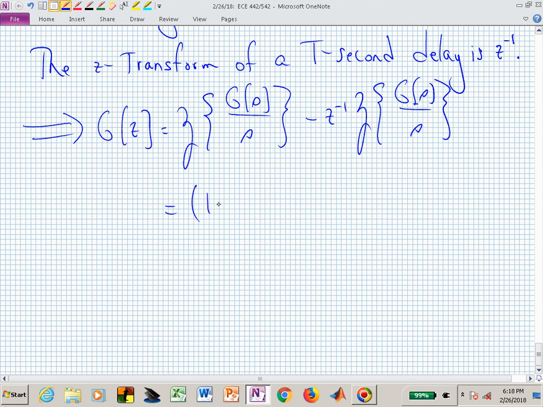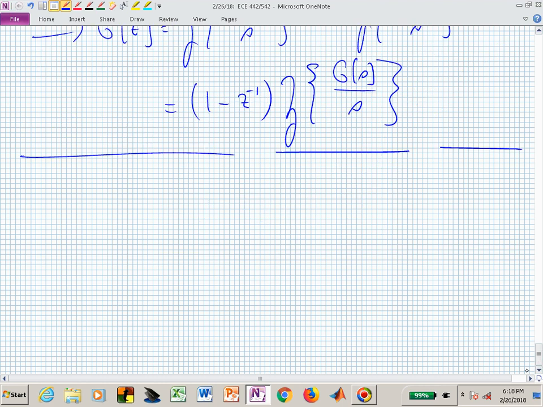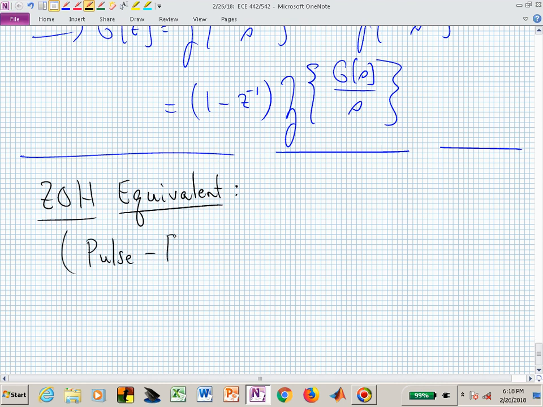This now says that I can say, oh, I have 1 minus Z to the minus 1 times the Z transform of G of S over S. So we've now derived the zero order hold equivalent of a plant, a capital G of S. Or you might hear this referred to as the pulse response transfer function.